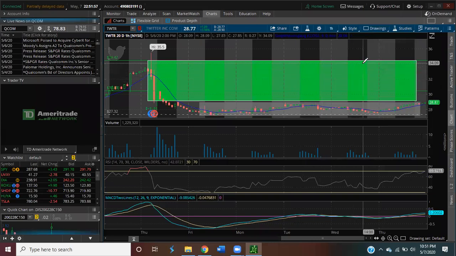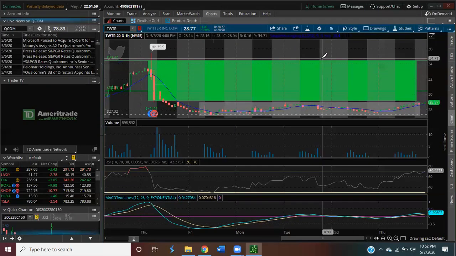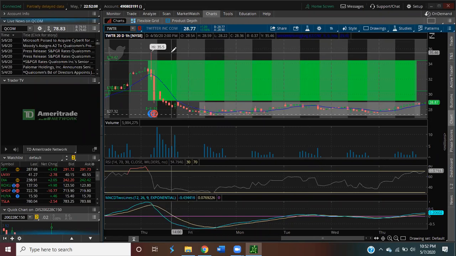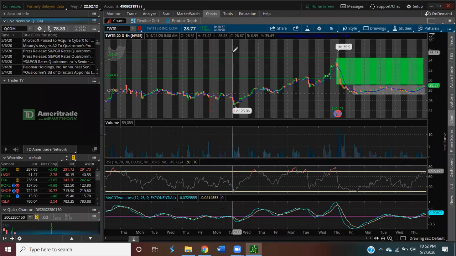This is our reward right here. You could honestly point all the way up to the top of the 35.5 if you wanted to. So this could honestly be our max reward right here. But just to play it safe, we say our max reward is right here.